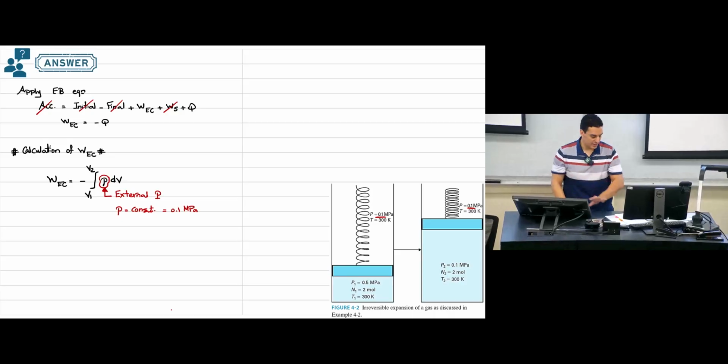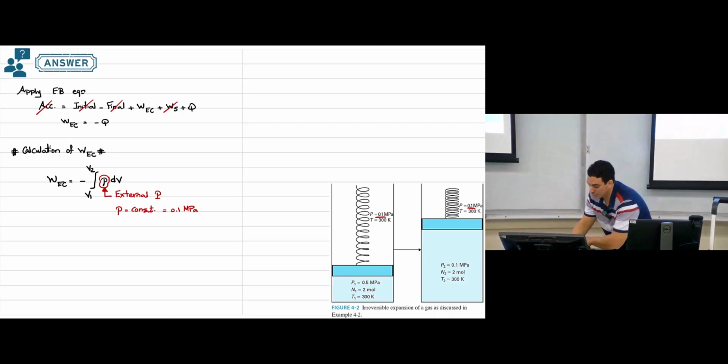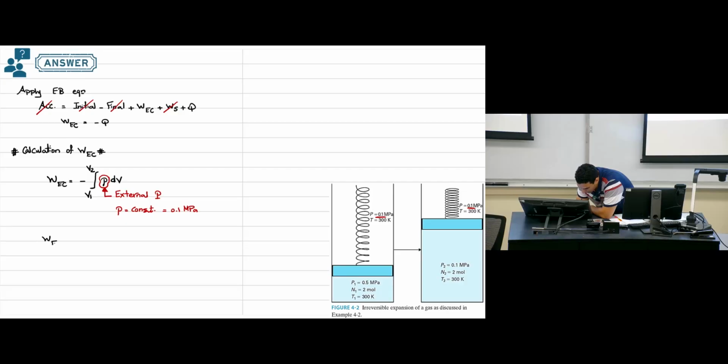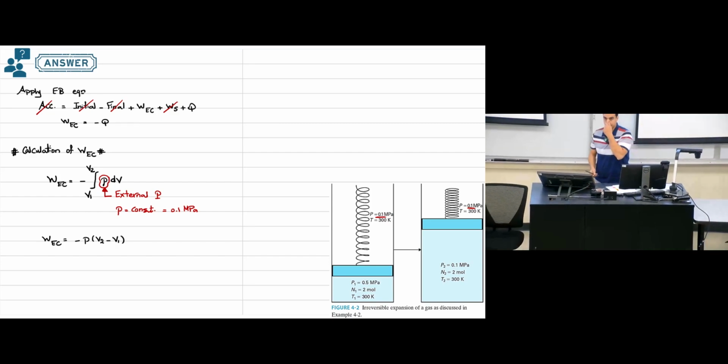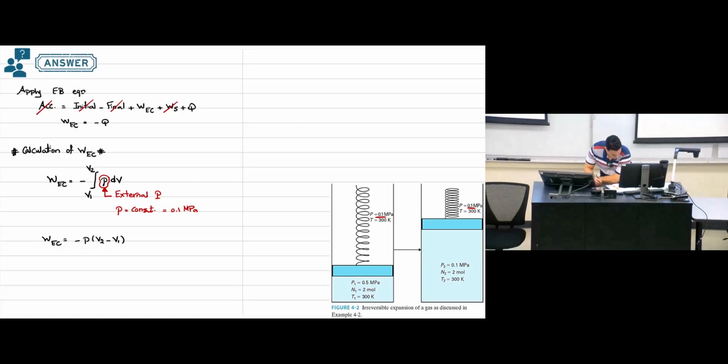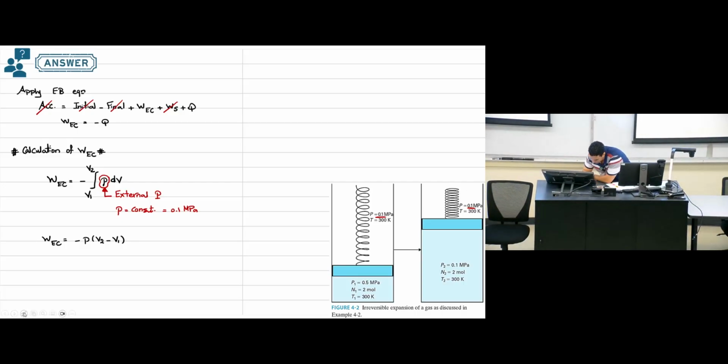Since it's constant, I can take it out of the integration term. So I can say the work of expansion contraction will be negative P (V2 minus V1). Okay. I know the value of this pressure, 0.1 megapascal.